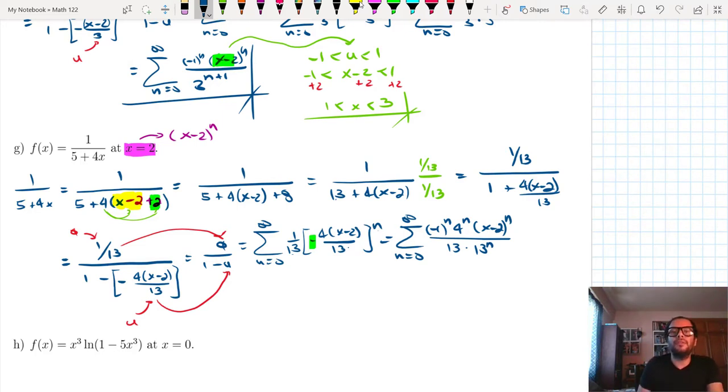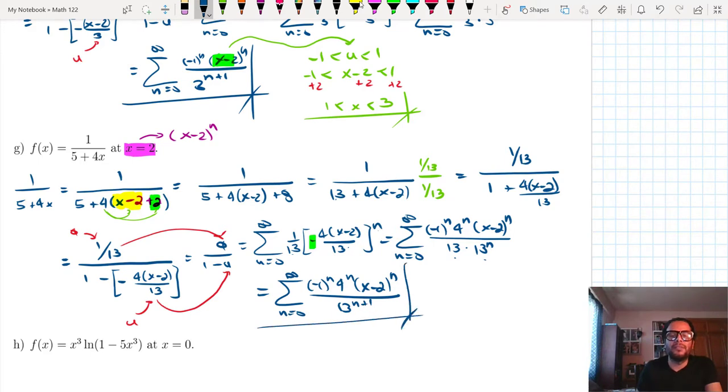And the one last thing we do is combine these bases together. The -1 to the n, 4 to the n, x minus 2 to the n, divided by 13 to the n plus 1. And that's the final answer to this.